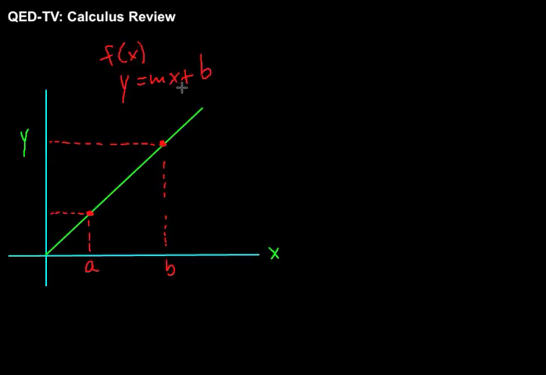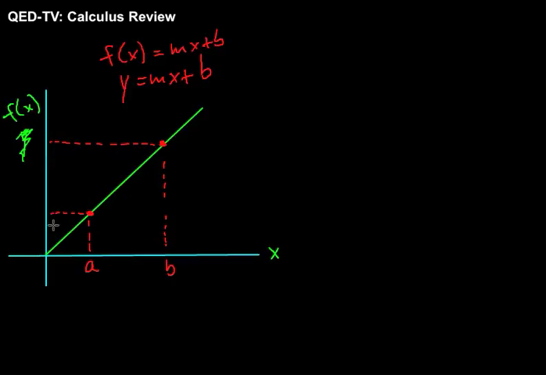So we have f(x) equals mx plus b, and if we put in various x's, we get what y equals. So we call this y a function of x. So instead of this y over here, it might be the function of x.